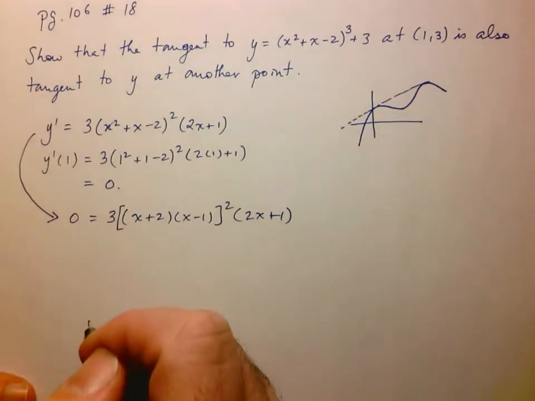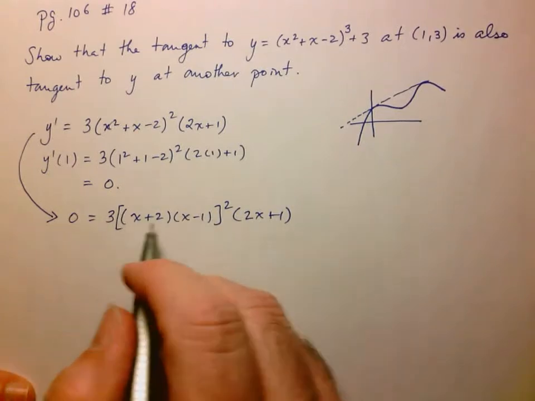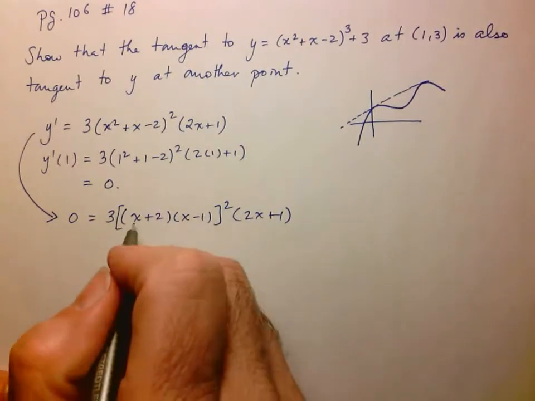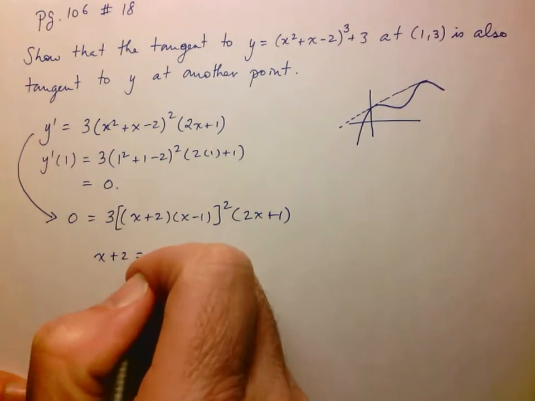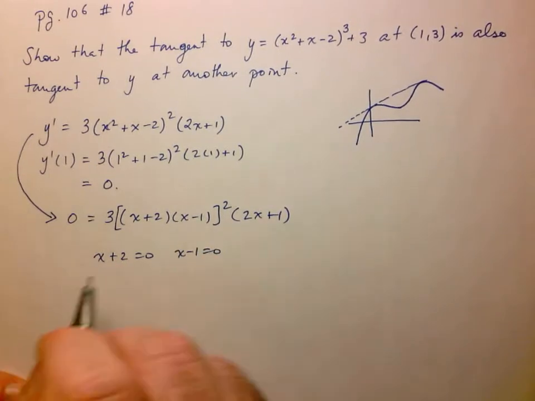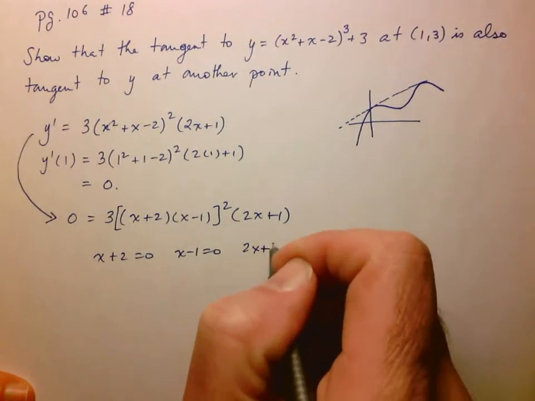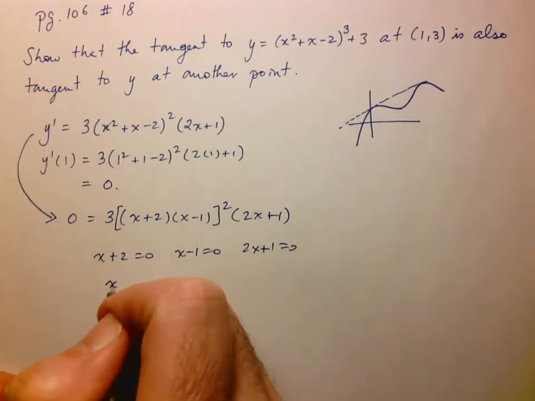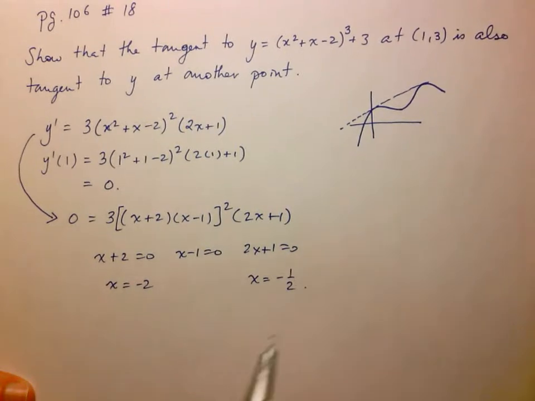Here we see the x values that will make this equal to 0. x plus 2 can be equal to 0, x minus 1 equaling 0, but that was the point we already dealt with, and 2x plus 1 equals 0. So I'm going to deal with x equals negative 2 and x equals negative 1/2.